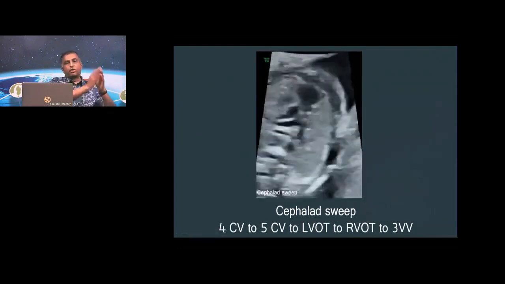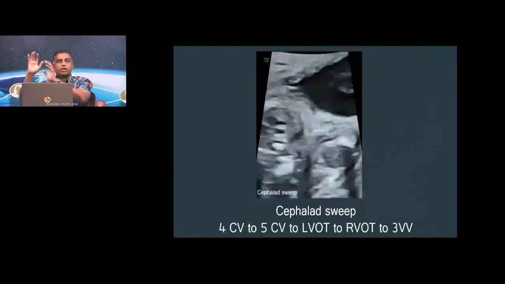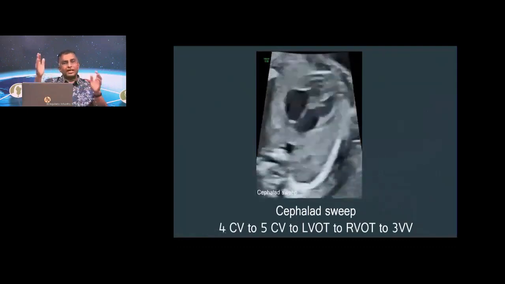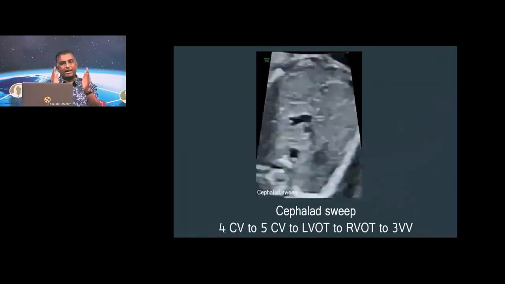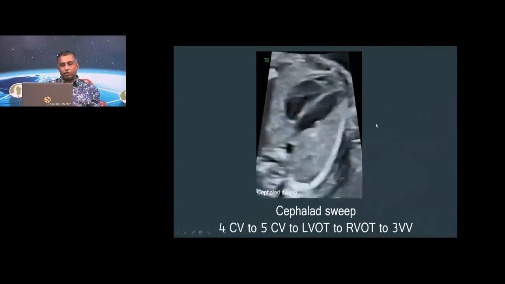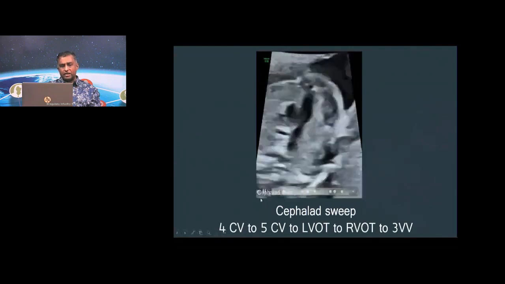What I showed you before was individual clips of 4-chamber, individual LVOT, 3-vessel, and so on. Here is a sweep which gets everything into one clip, and that helps you to study relationships. So therefore, this is a cephalad sweep.